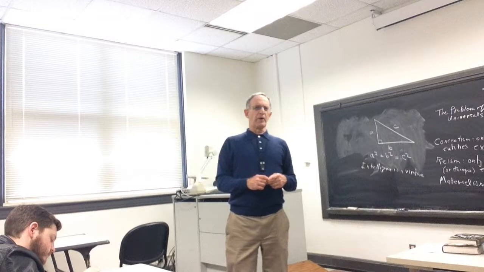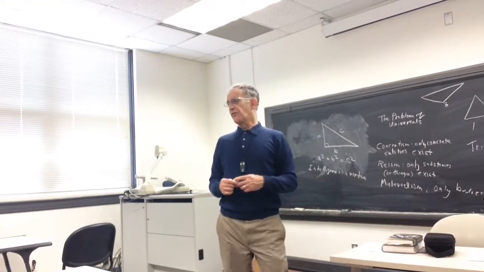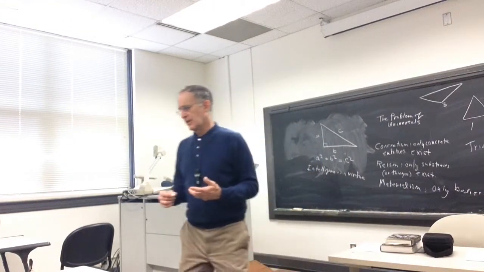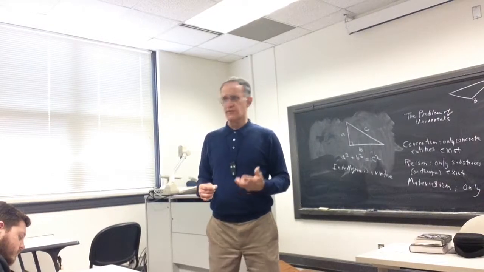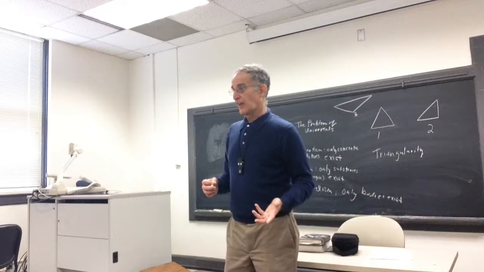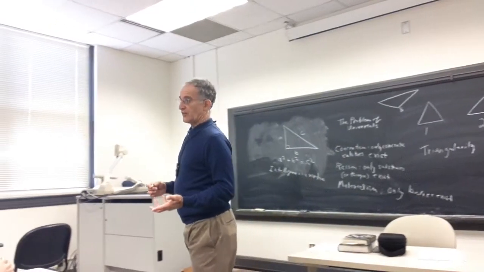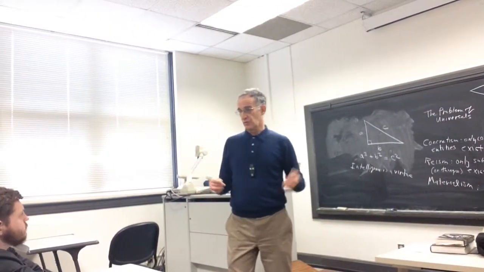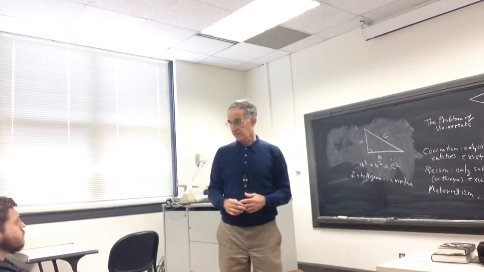So Plato supposed then that there must be some absolute form of perfect triangularity that exists outside of the physical world, in virtue of which all triangles are triangles, and in virtue of which various eternal truths about triangles are true, like the Pythagorean theorem.